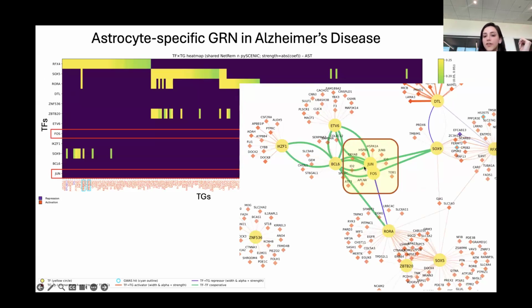And if we do try to visualize the network and all of the interactions, even though it's pretty busy in here, you can see that in the final network that we get, JUN and FOS seem to be close together, and they have a lot of positive or cooperative interactions with others. And a little literature search showed that these two actually form a heterodimer, and they are known to be involved in disease-associated astrocytes in Alzheimer's.